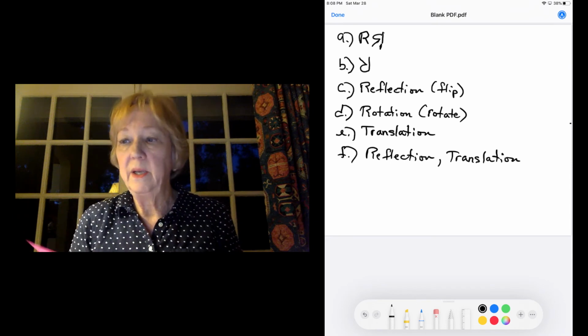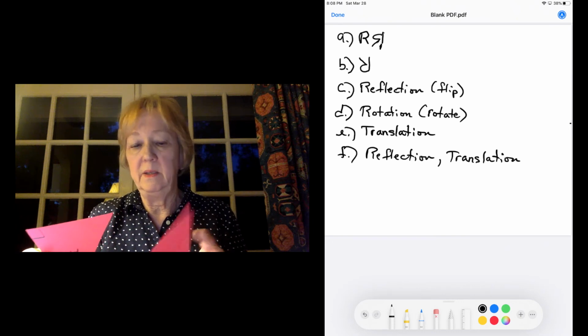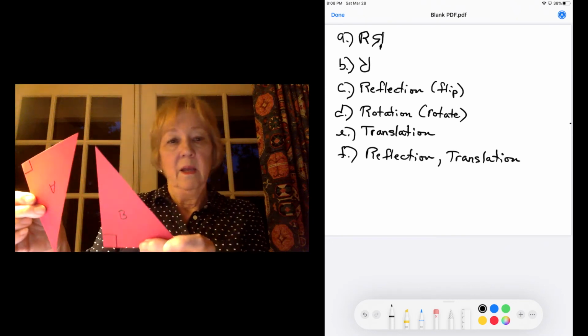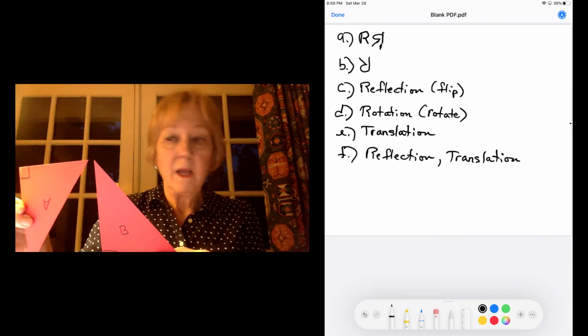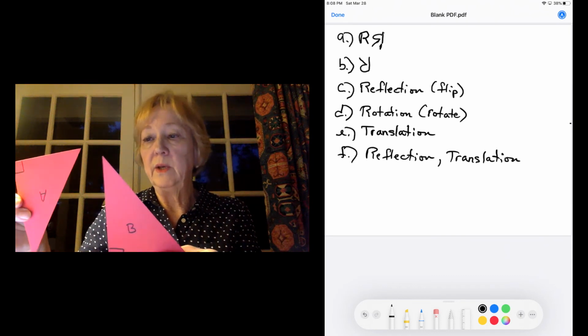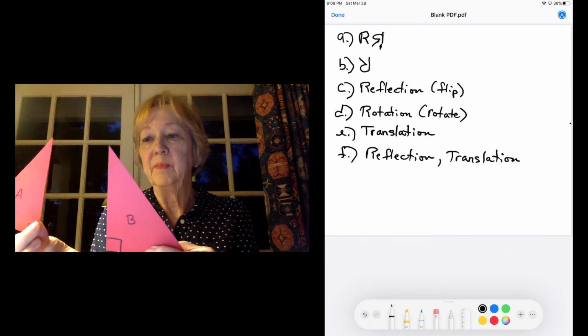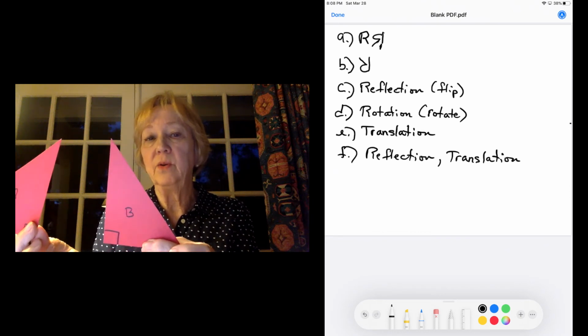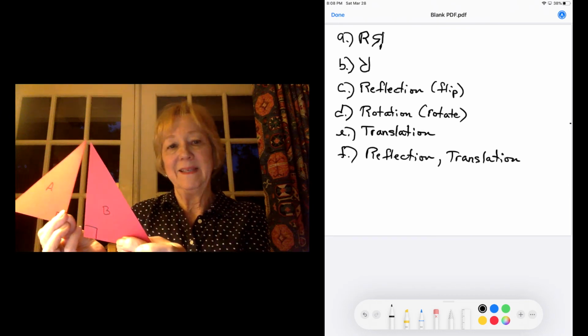Okay, let's look at another way. I want to be sure I have these right. And B is like this. Okay, A and B. Another thing we could do is we could rotate A, then we could reflect or flip A. I want to be sure you can see, sorry.